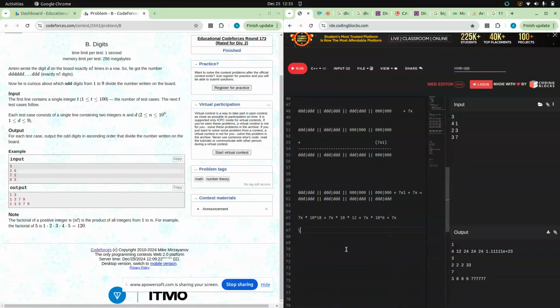This is the number. Can we not take 7x common? 10 की power 18 plus 12 plus 6 will be something something. Will that number not be divisible by 7?